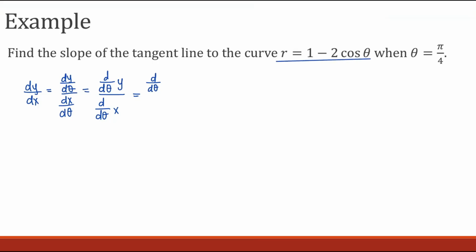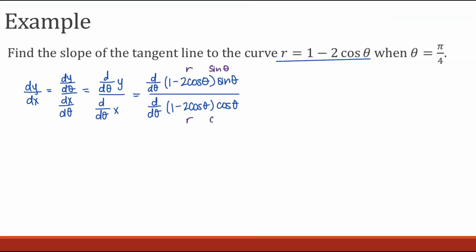So we're taking the derivative of r, which is 1 minus 2 cosine theta, and then times sine theta. So this is r sine theta, right? And then the denominator is d theta of r, which is that 1 minus 2 cosine theta again, cosine theta. So there's my r cosine theta.